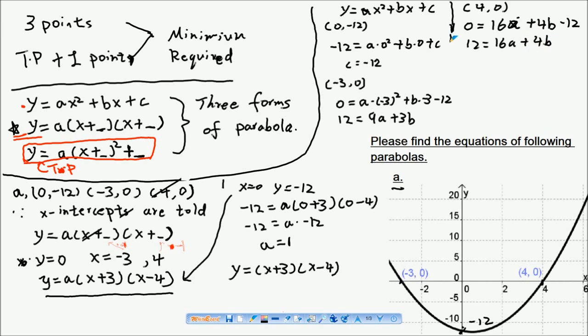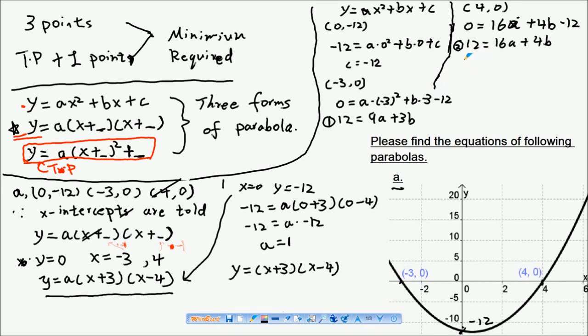Now we have two simultaneous equations: this is equation 1, and this is equation 2. I will do another tutorial on how to solve simultaneous equations. You should cover this in year 9 or year 10. If you don't know how to do it, maybe sometime next week I'll try to do another tutorial.